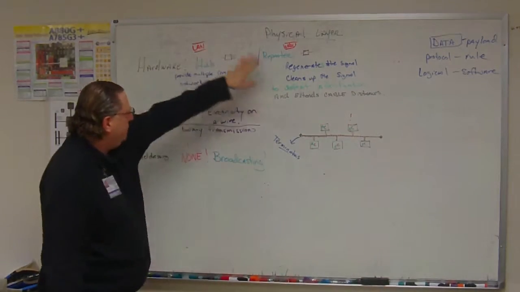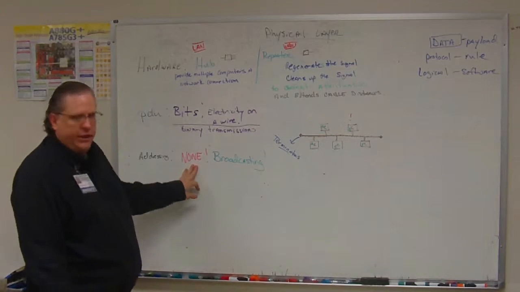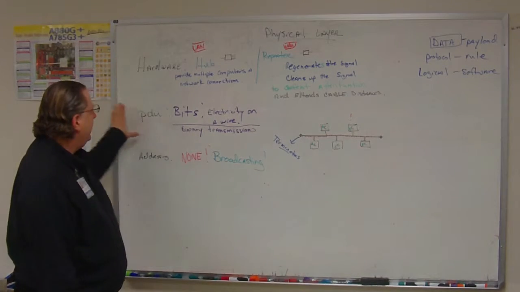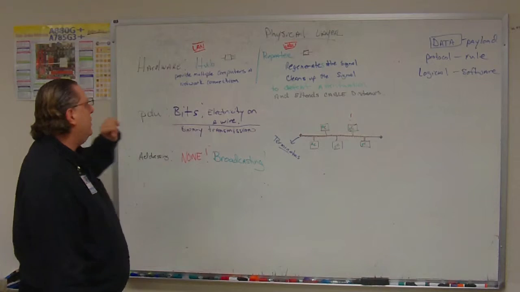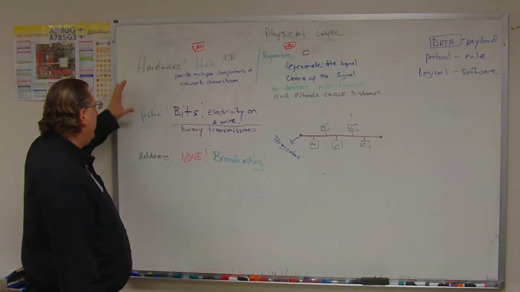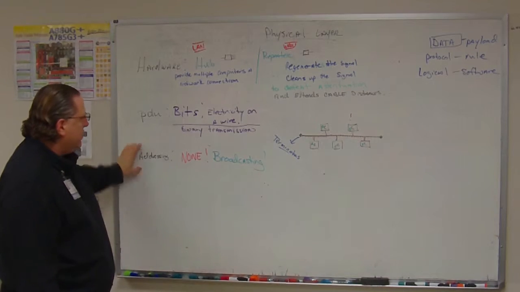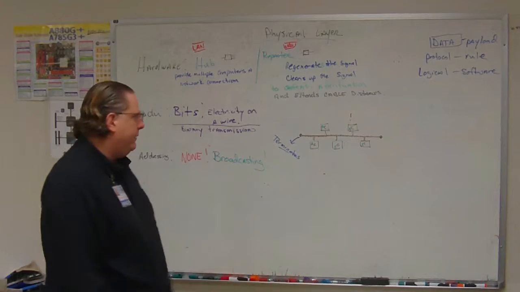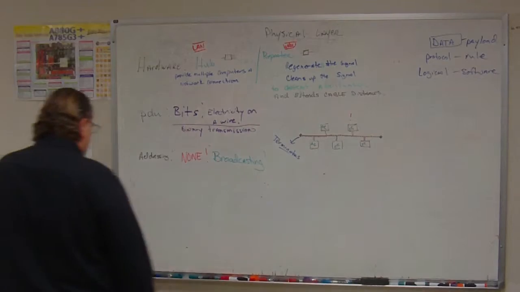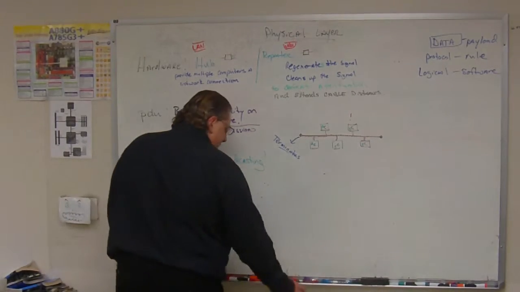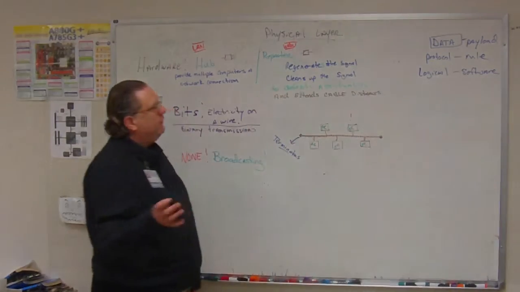If you have hub, repeater, and none, you have a wrong answer because you're not telling me a PDU. So remember, the question is one piece of hardware, one example of PDU, and one type of addressing that occurs at that layer. Alright, so we went over this yesterday, so you should be good on most of these notes, right? Alright.